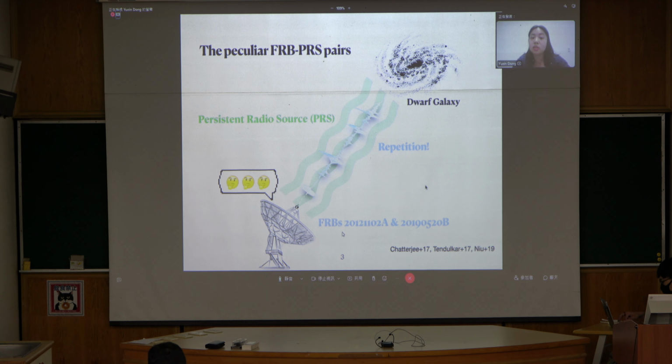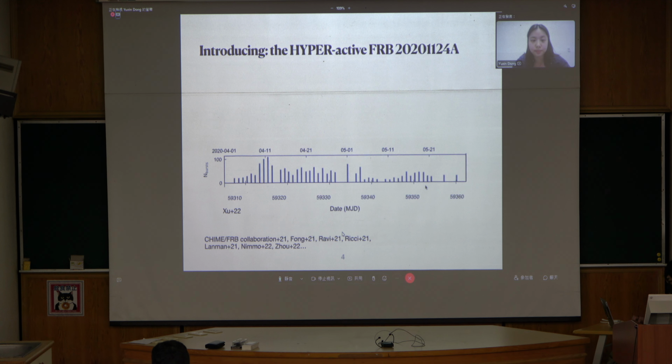What makes them really unique is that they're co-located with this persistent radio source, which is a type of incoherent isotropic synchrotron emission. And what I mean by persistent is that the flux doesn't vary with time very much. Because they are the only two FRB-PRS pairs, they are definitely on the rare side.